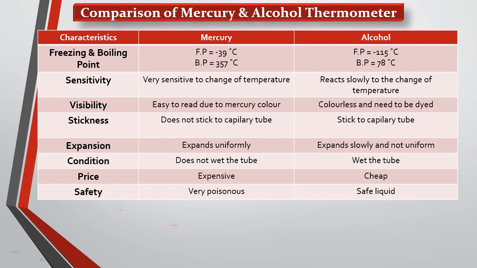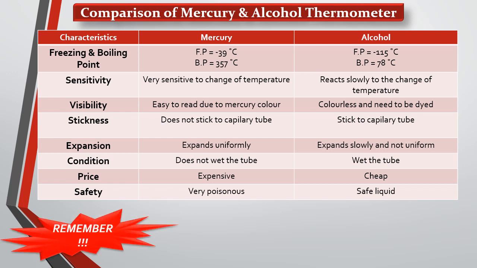For the freezing point and boiling point, mercury freezes at about -39 degrees Celsius and boils at 357 degrees Celsius. For alcohol, the freezing point is -115 degrees Celsius and the boiling point is 78 degrees Celsius.